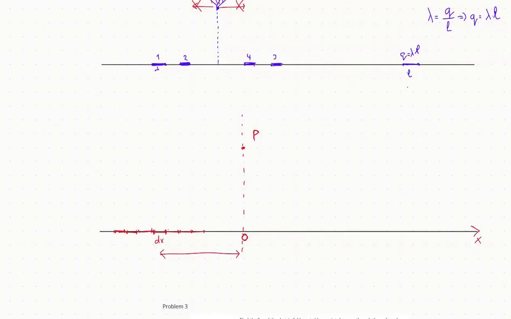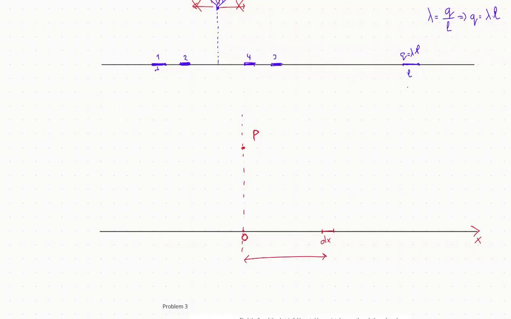You know what? I don't think I should do it this way. Let me take a section here. We take a section of the wire of length dx, a distance x away from 0.